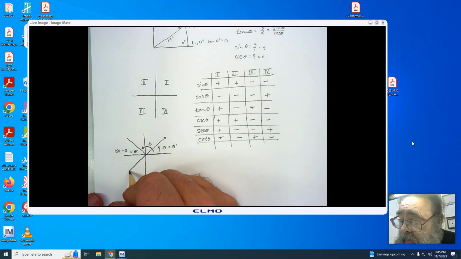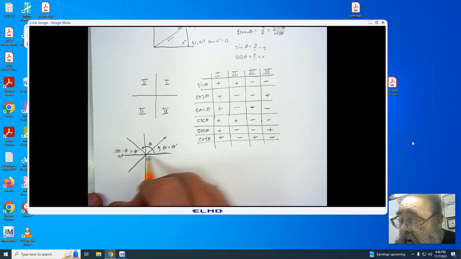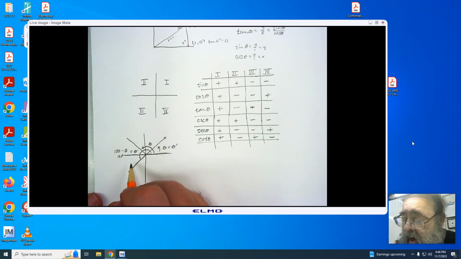In the third quadrant, we can see that we are now over 180 degrees, which is right there, and therefore our great big angle going all the way through is not only our angle, but it's our angle plus our supplement. So we can say that the supplement, theta prime, has to be our given angle minus 180 degrees.